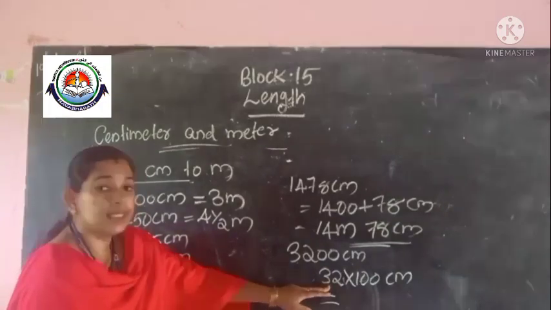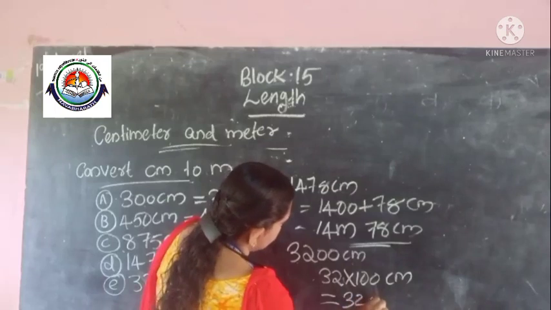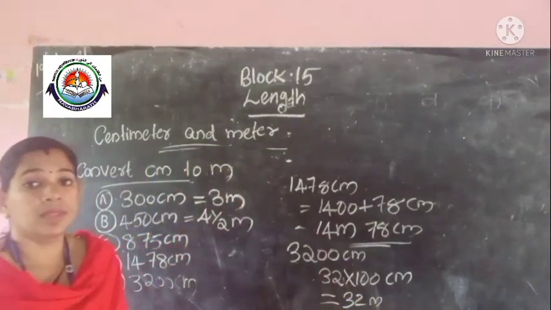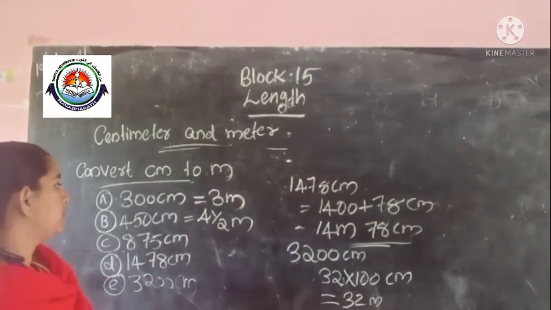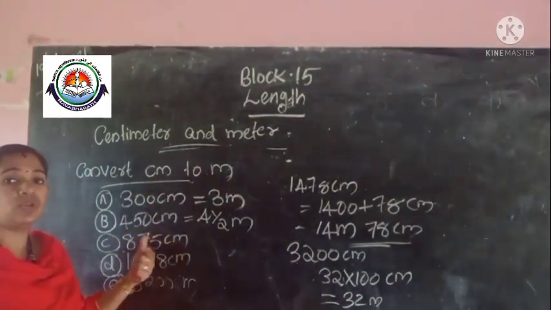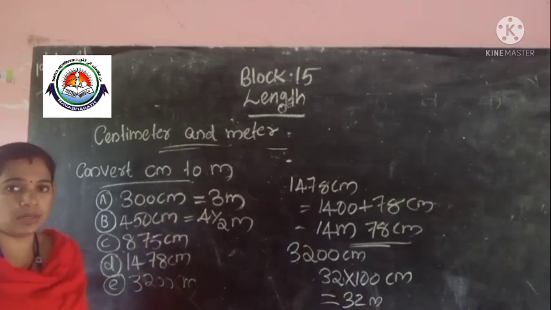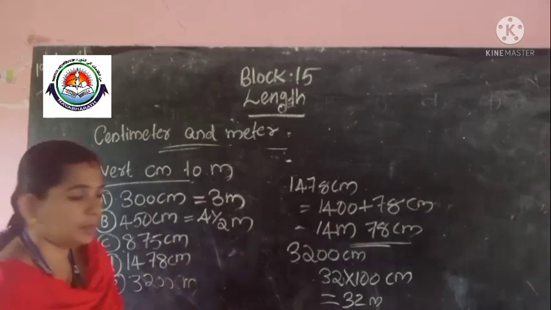Yeah, this is 32 meter. Clear? So just convert this number to the multiple of 100 and remaining numbers as centimeter. So just write that.